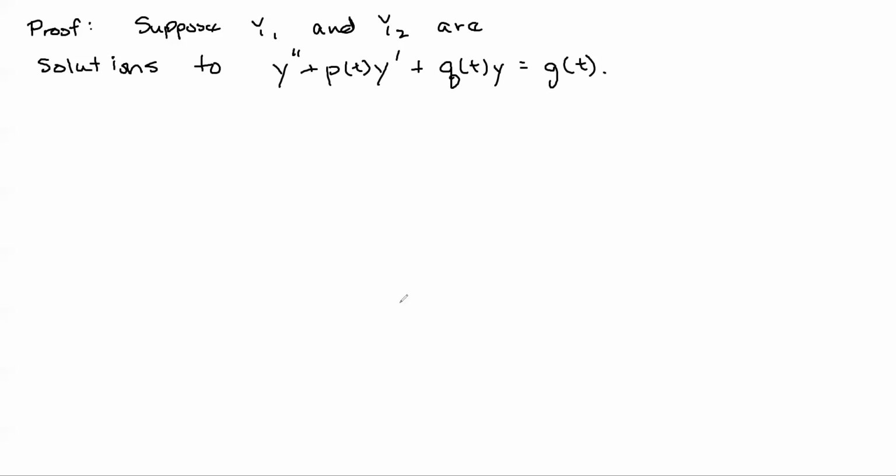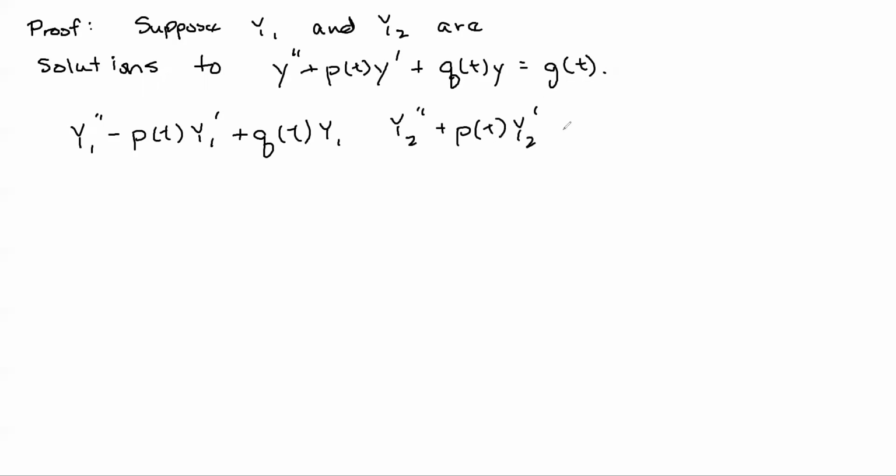Assuming that's the case, we could take Y1 and plug it in, and we would get Y1 double prime plus p of t Y1 prime plus q of t Y1. And we could take Y2 and plug it in, and we would get Y2 double prime plus p of t Y2 prime plus q of t Y2.